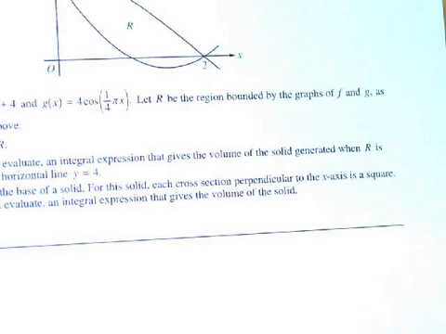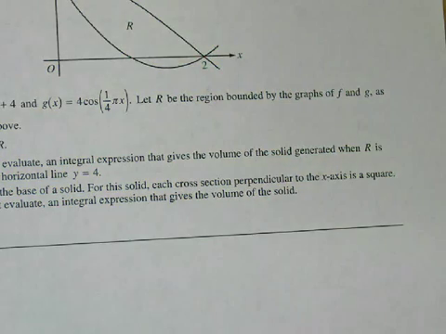So we need to turn a 4 into a 1/4 pi. So to get 1/4 pi, we need to multiply by pi over 16. That would give me 1/4 pi.